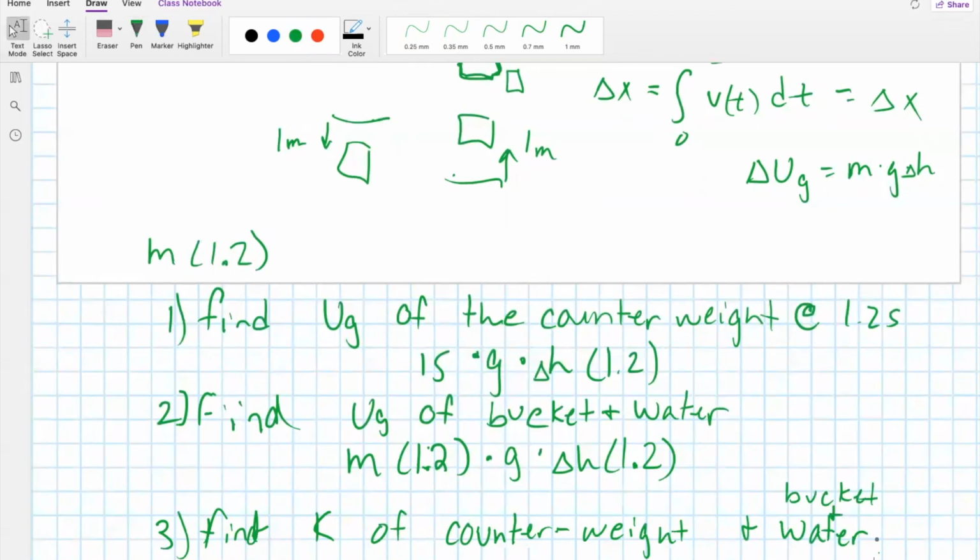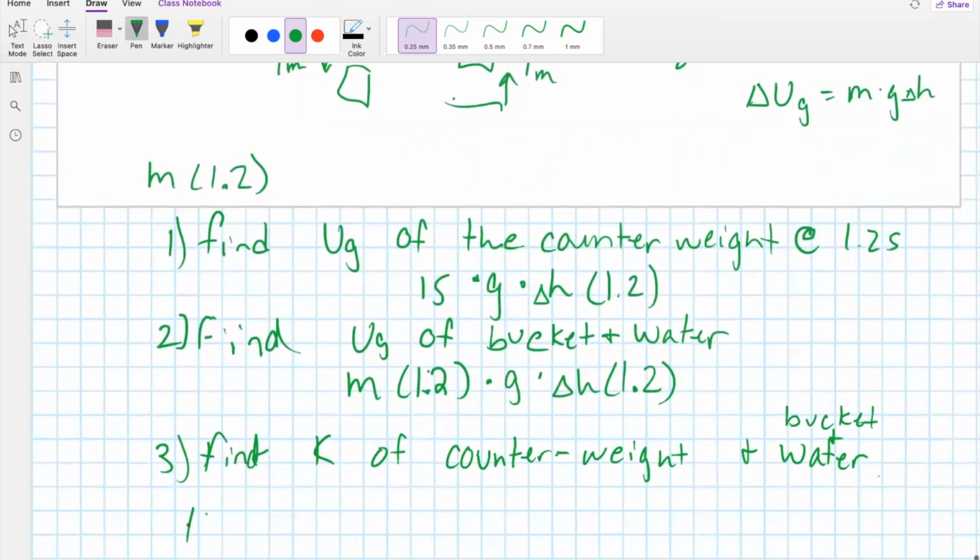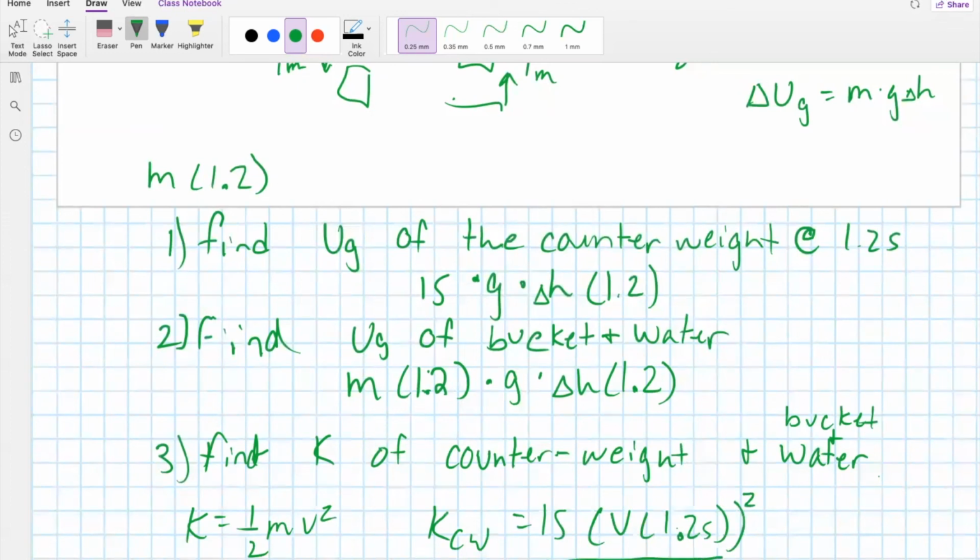Okay. And how are we going to do that? Well, kinetic energy is 1/2 mv squared. So for the counterweight, the kinetic energy is going to be 15 kilograms times the velocity at 1.2 seconds quantity squared over 2.